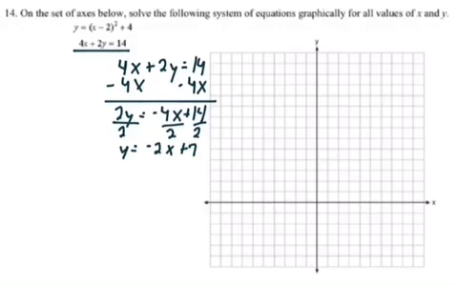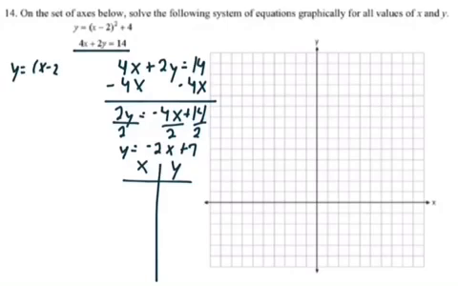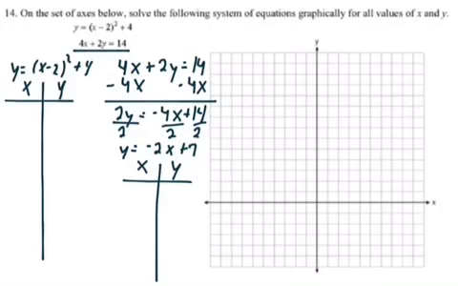To graph your line, you would then make a table of values. The same for your parabola, y equals (x minus 2) squared plus 4, and you're going to be making a table of values. Before you make your table, go to your calculator and get the solutions first.